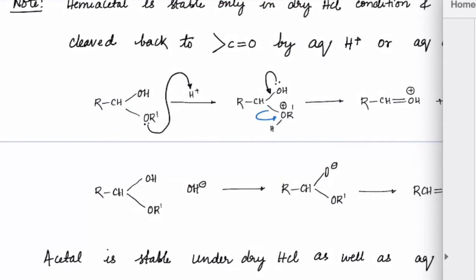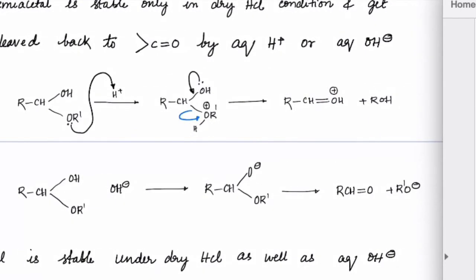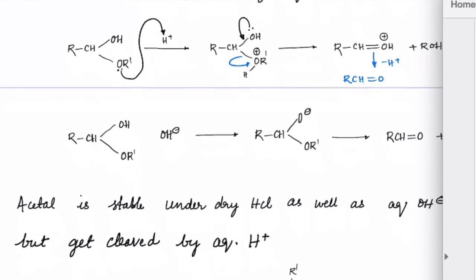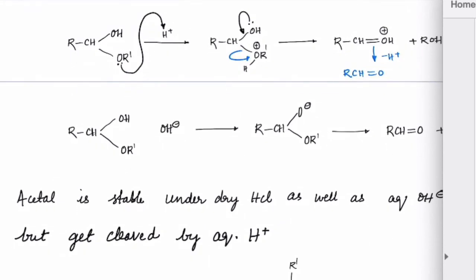So we would get this as RC double bond OH, and from here H plus is lost and we will get RCH double bond O, deprotonation has happened. So that's how we will get back the aldehyde or keto form. If it is an aldehyde, you call it hemiacetal. If it is a ketone, you call it hemiketal.